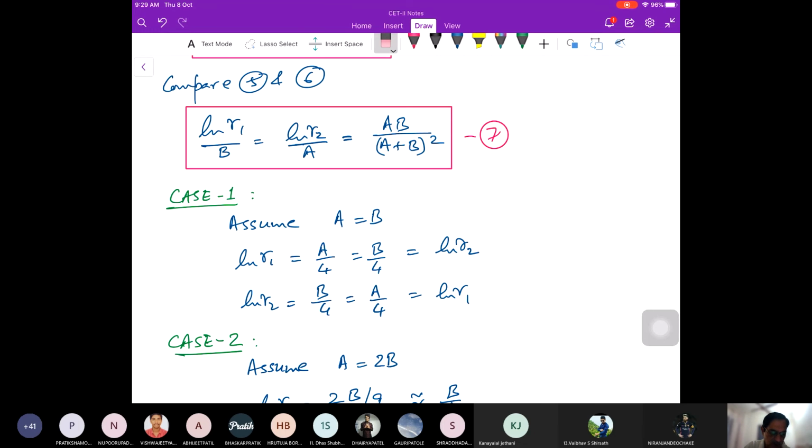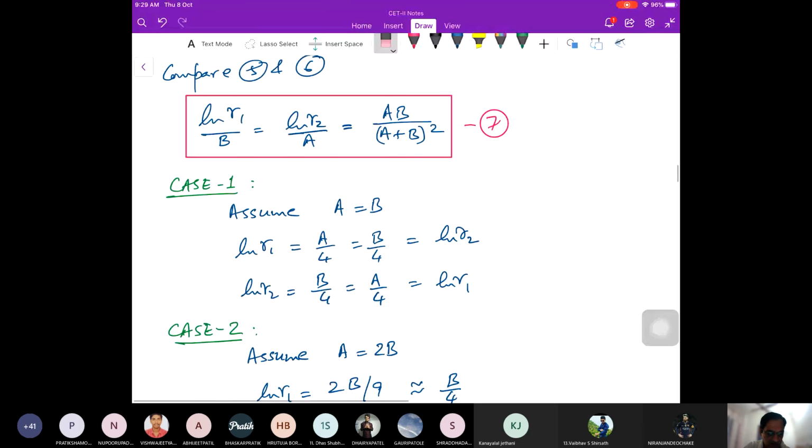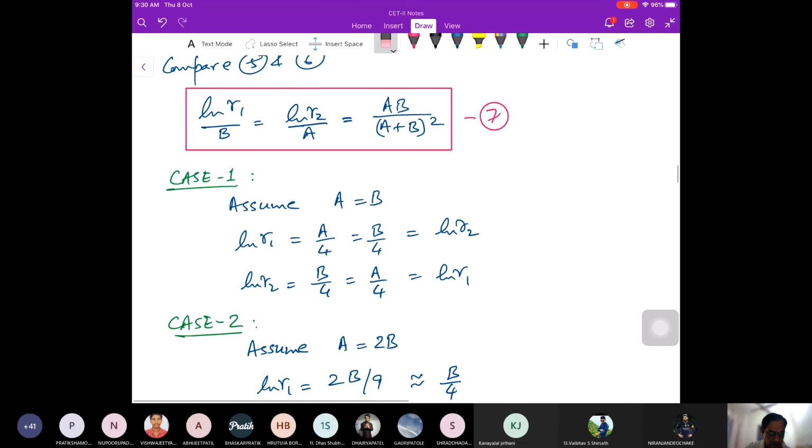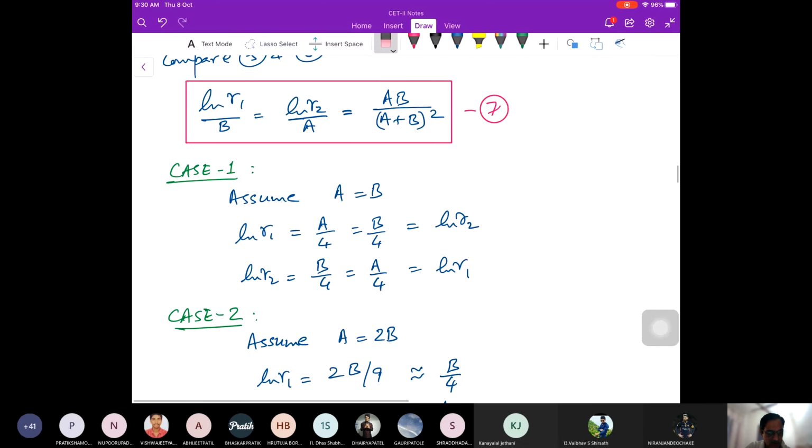So what you get is a upon 4. Similarly, if you put a equal to b, you get ln gamma 2 is equal to b upon 4 or a upon 4. It's the same thing. So essentially both are same. Ln gamma 1 is equal to ln gamma 2 and nothing but constant upon 4. Okay. Any questions on case 1?